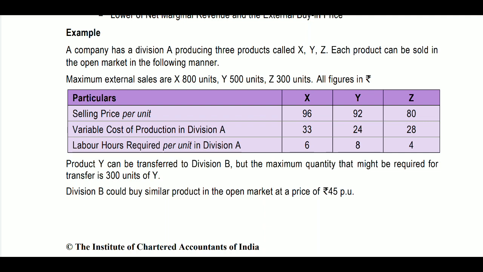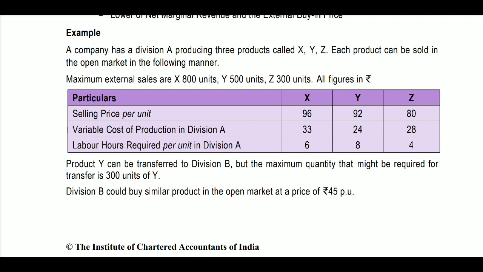Labor hours required per unit in division A are 6 hours, 8 hours and 4 hours. Product Y can be transferred from A to division B, and the maximum quantity that might be required for transfer is 300 units of Y.